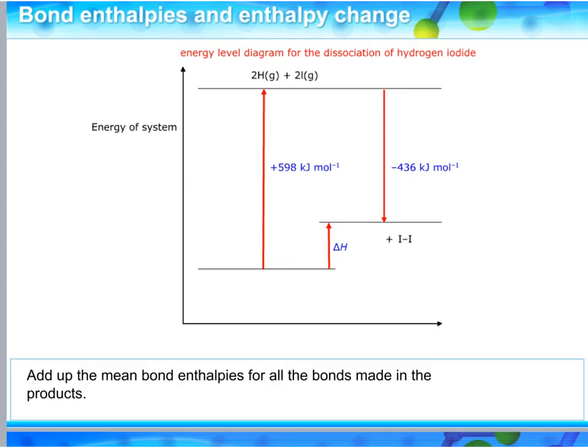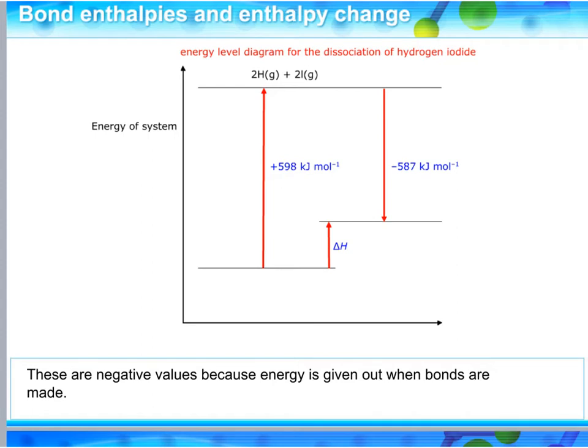So the energy required to break 2 moles of hydrogen iodide bonds is plus 598 kilojoules per mole. The energy released when we form 1 mole of hydrogen molecules and 1 mole of iodine molecules is minus 436.